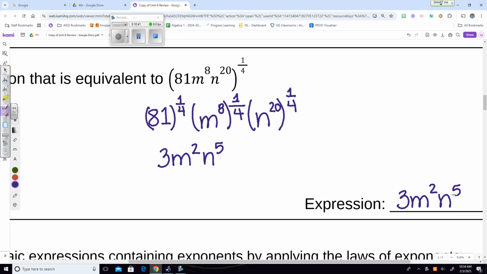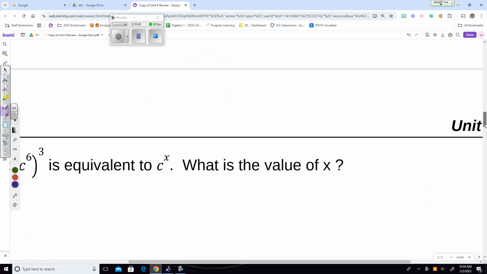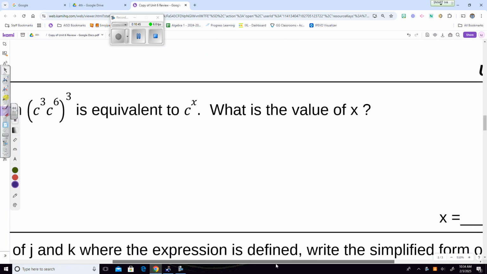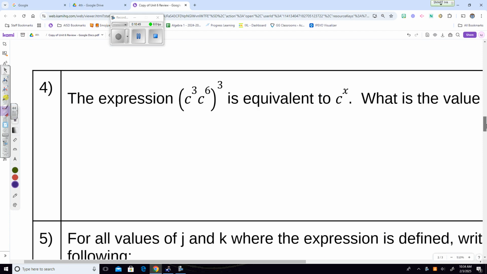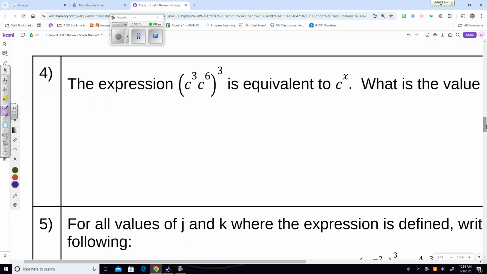All right. So let's go to the next page. All right, so for number 4, we're doing two things. Inside of the parentheses, we're multiplying, and then we're raising it to an exponent.